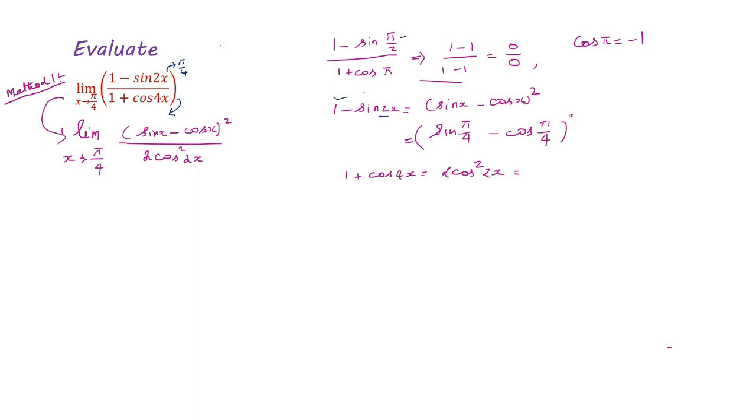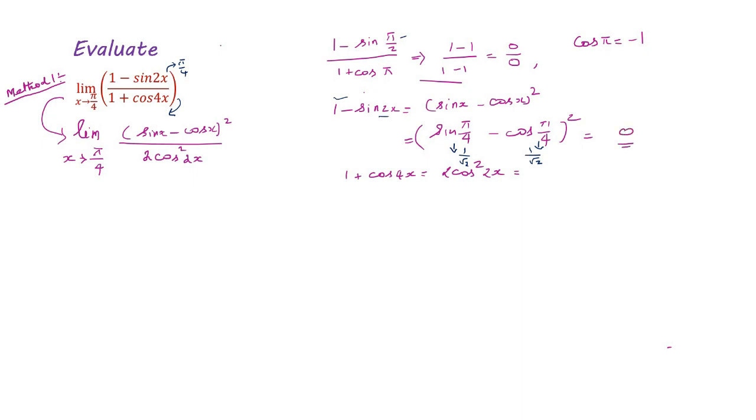(Sin x minus cos x) the whole square is again 0, because sin pi by 4 is 1 by root 2, and similarly cos pi by 4. So again the numerator is 0.